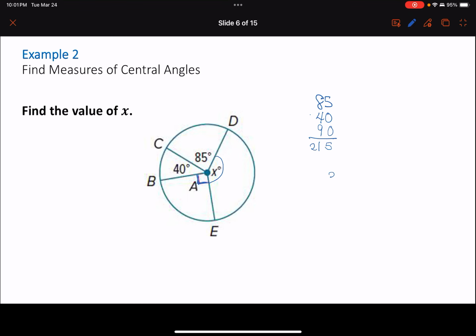And then take 360 minus the 215, and we get 145. So the value of x is 145 degrees. And minor arc DE has a measure of 145 degrees because the central angle and the arc are the same.